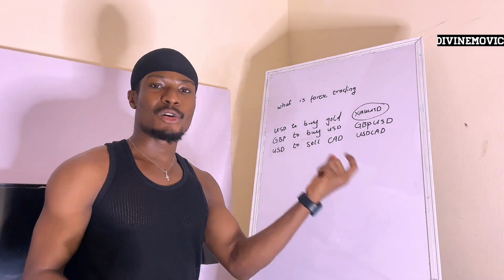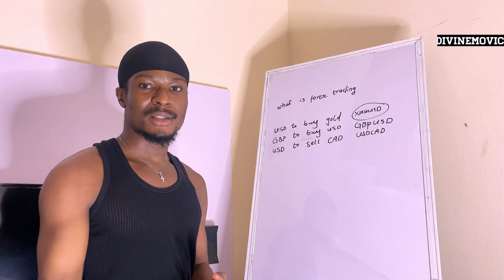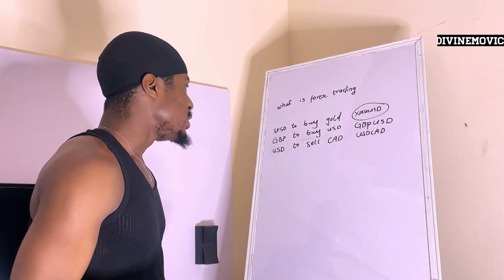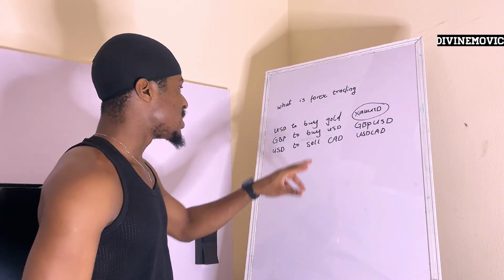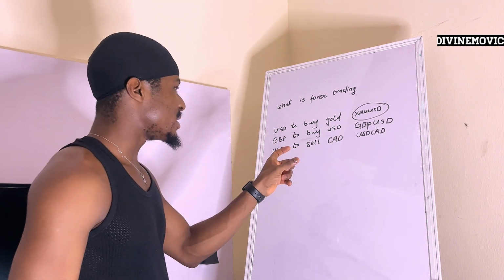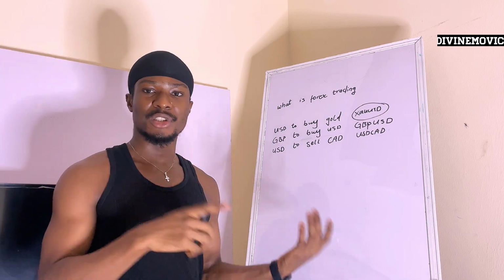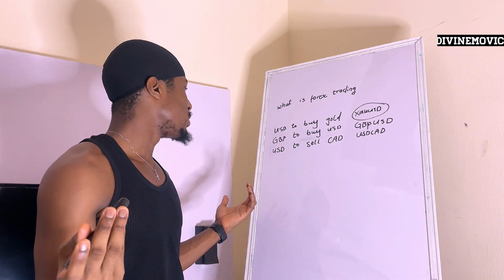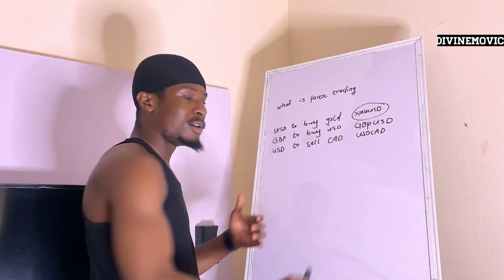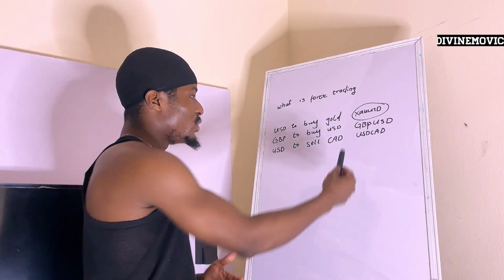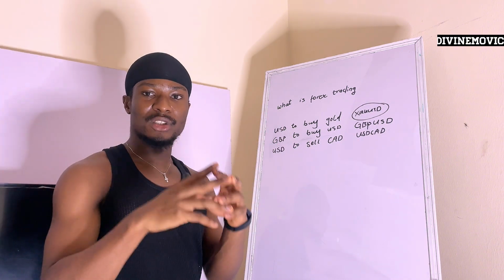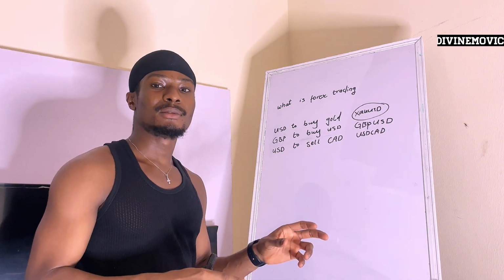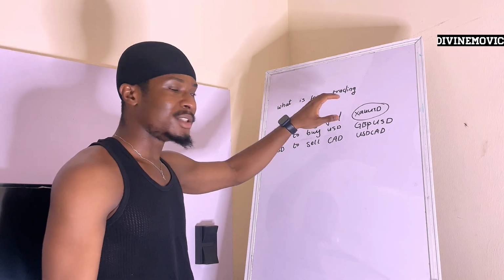You're pairing one currency to another currency. And if you look closely, you will see that each of these currencies is coming from two different countries. For example, GBPUSD, two different countries. USDCAD, two different countries. Currency pairs. That is what forex trading is.